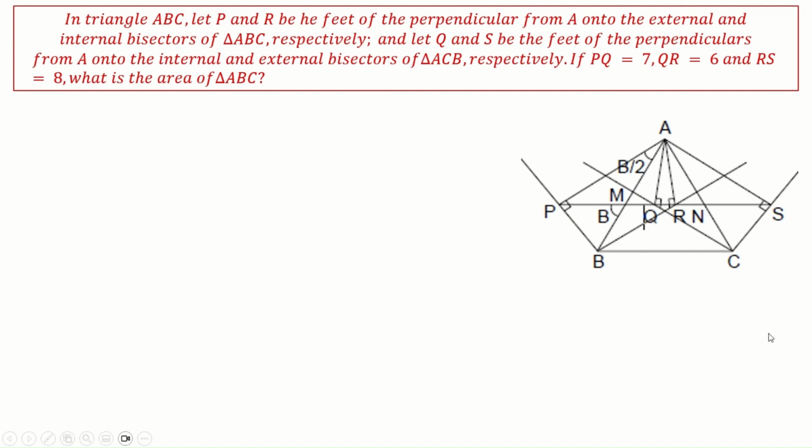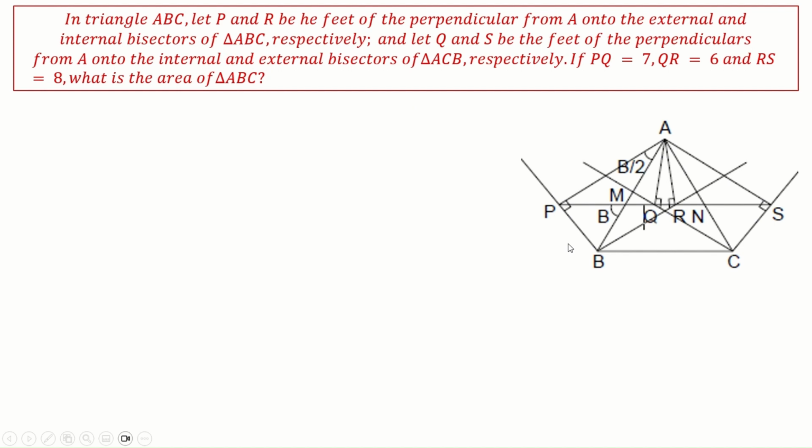Here, BR is the angular bisector, so from A we draw a perpendicular onto BR; AR is perpendicular to BR. Similarly, AP is perpendicular to the angular bisector of the external angle B.